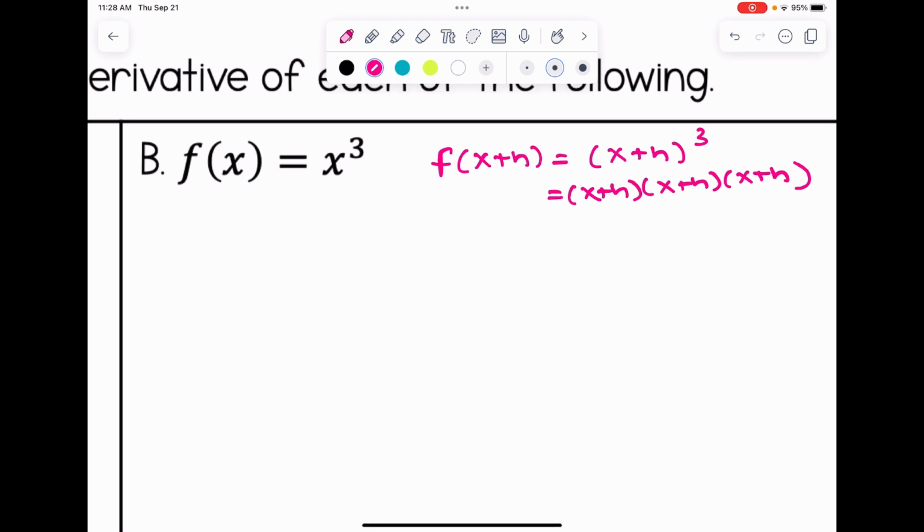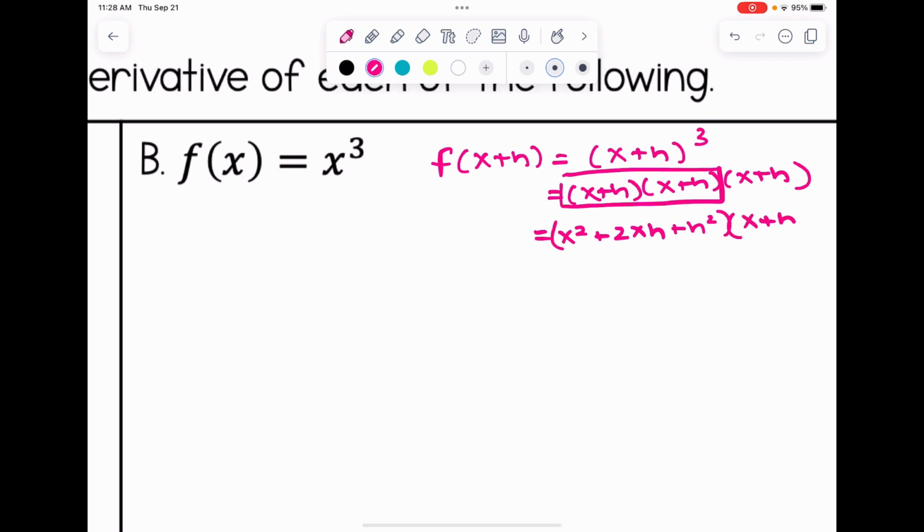So let's start by multiplying 2 of them at a time. That gives us x squared plus 2xh plus h squared. And now we'll multiply out that whole trinomial by x plus h. Okay, so you're going to distribute the x squared across x and h, and then repeat that for the other terms.